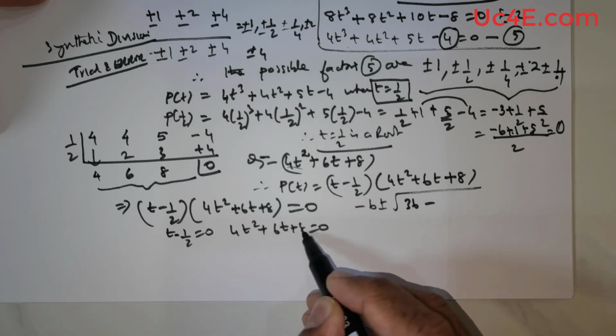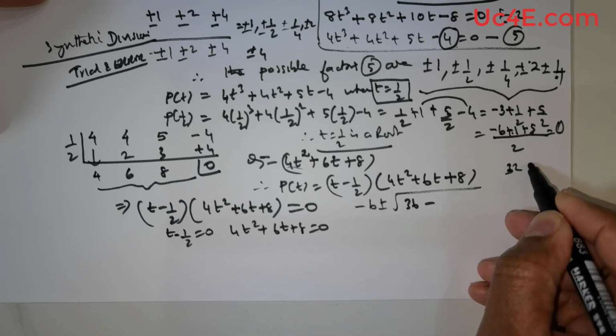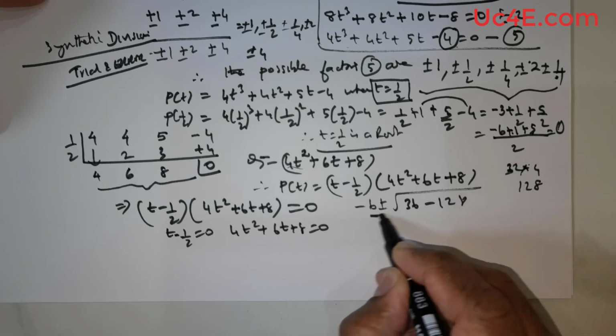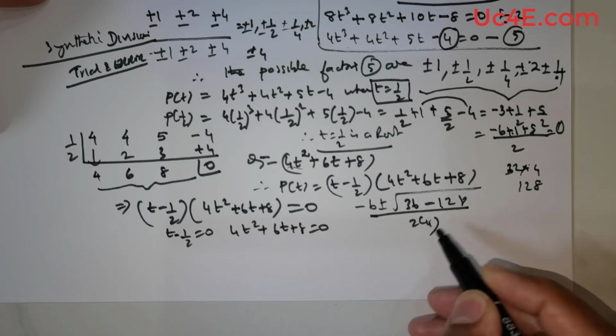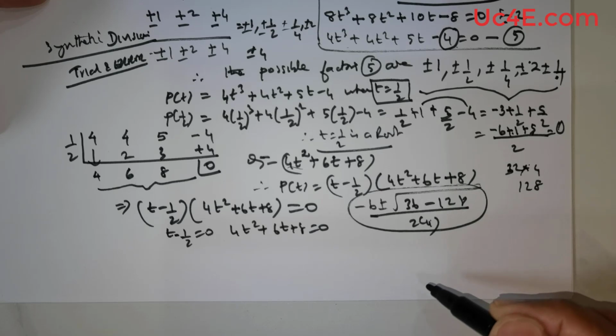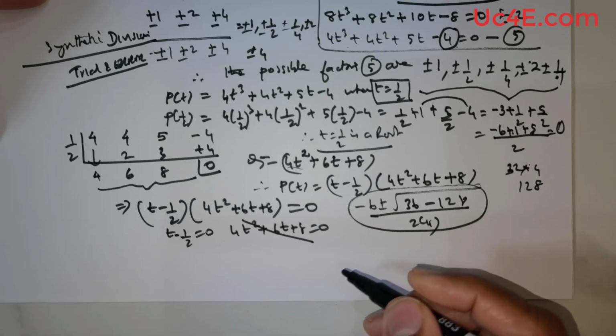So 4 times 8 is 32, and 32 times 4 is 128. All divided by 2 times 4. Now clearly you can see that the discriminant is negative, so this is turning out to be complex roots, and we are not interested in complex roots.